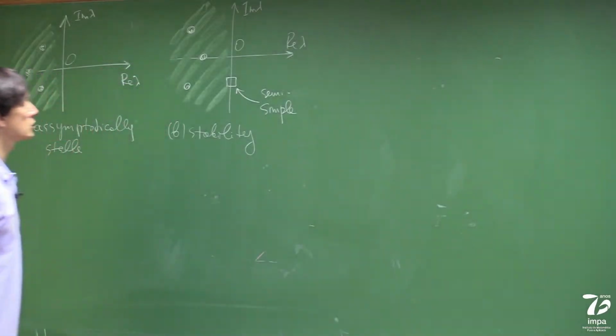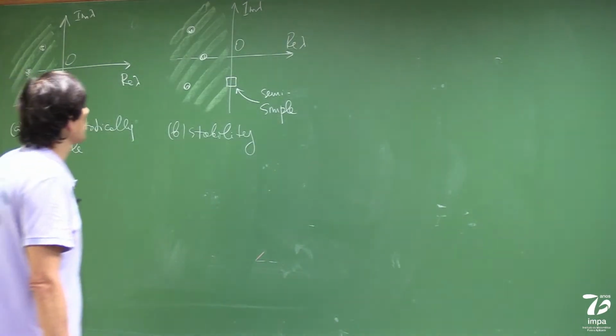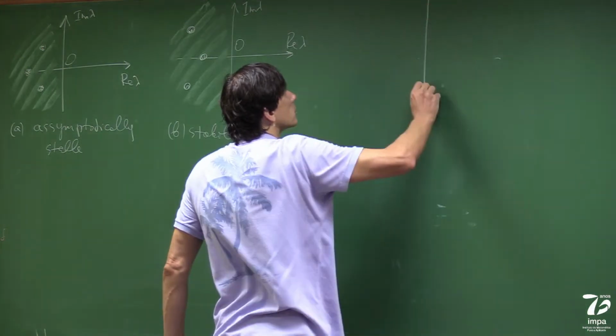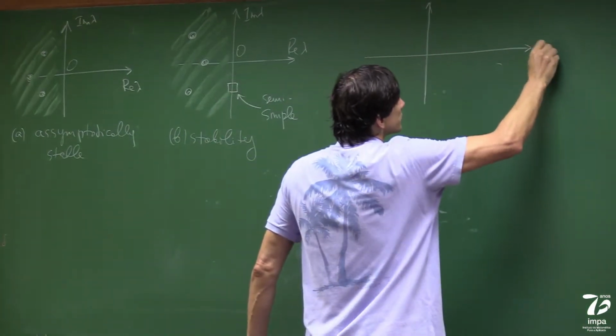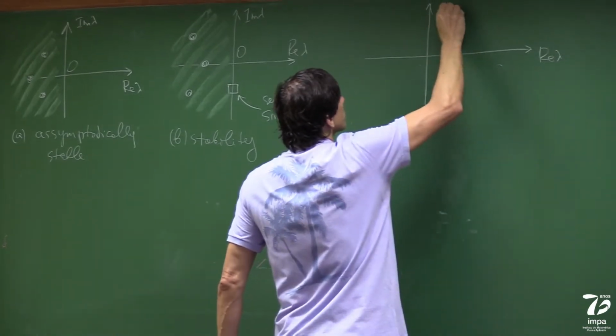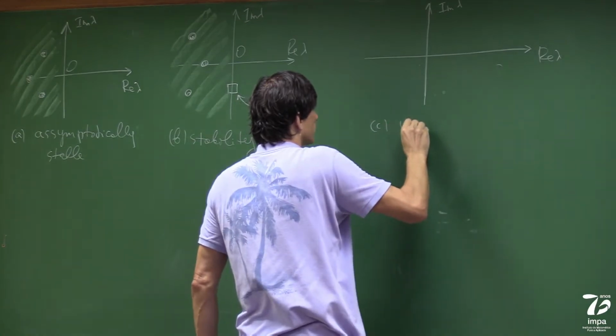Semi-simple means that there are no generalized eigenvectors, just eigenvectors for these eigenvalues. Then you still have stability. And then the last case is instability, case C, unstable.